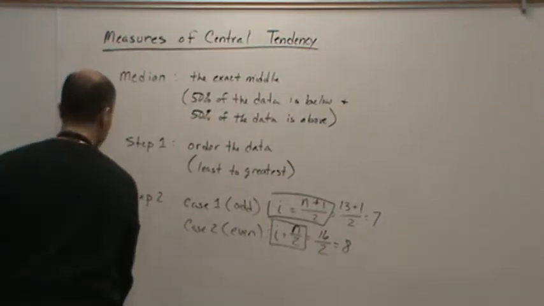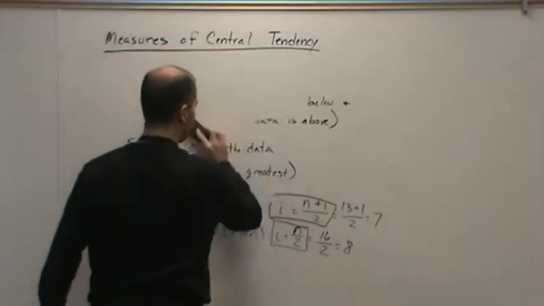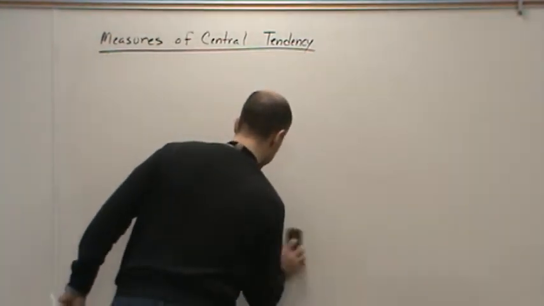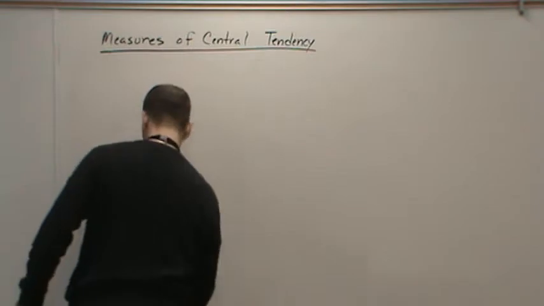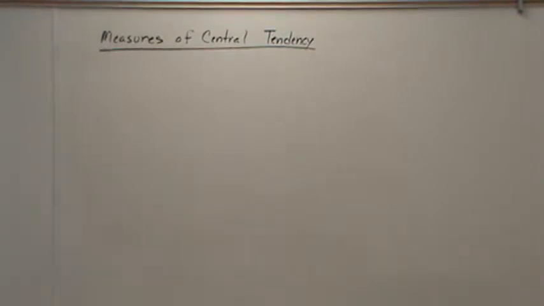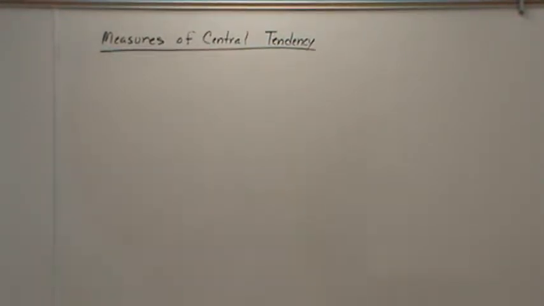So now, the mode. Let's talk about the mode. This is a really easy concept. The mode is just the most frequent value that comes up in the data set.